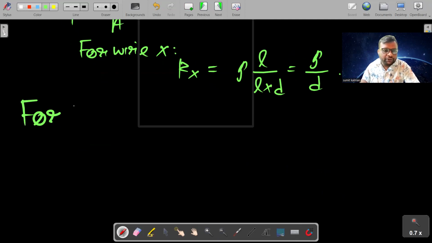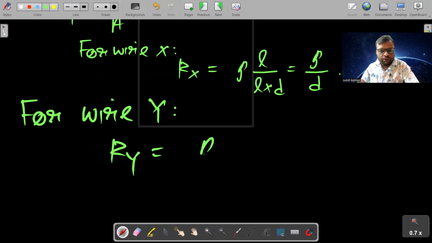So for wire Y, Ry is equal to rho. Length is how much? 2L. For wire Y, length is 2L. And what will be the area of cross section? Actually, for wire Y, length is 2L and diameter is 2D.